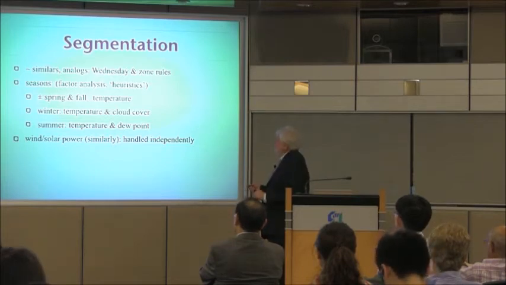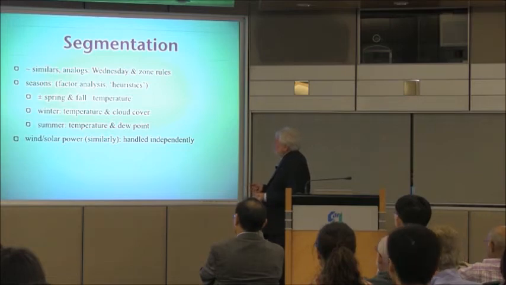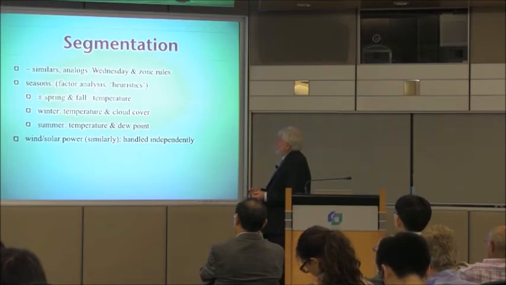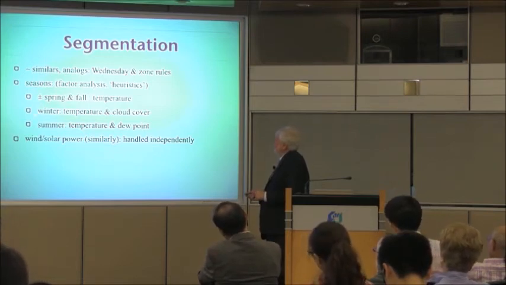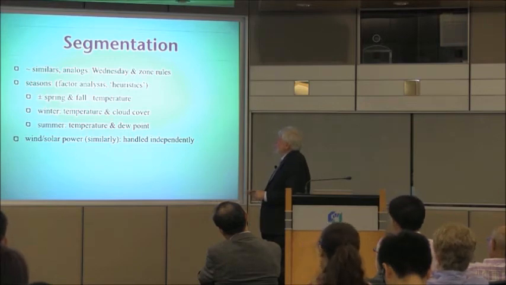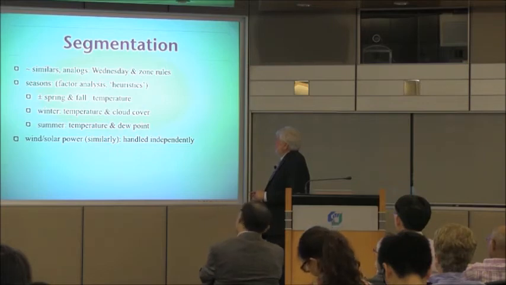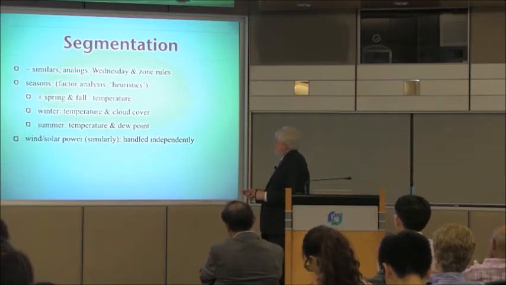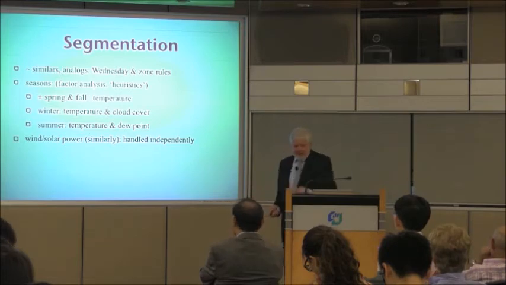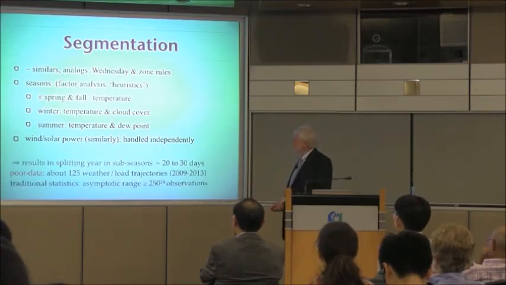We will have seasons, and this is somewhat heuristic, but there's a basic cluster analysis that takes place. In the spring and the fall, it will be mostly dependent on the temperature, but other factors like surface wind will enter into it. In the winter, it's mostly temperature and cloud cover that are important. In the summer, it's temperature and humidity or dew point. And then the predictions have to be made for wind and solar power, which are more complicated. They are handled independently, and if we have time, we'll say a word about that.